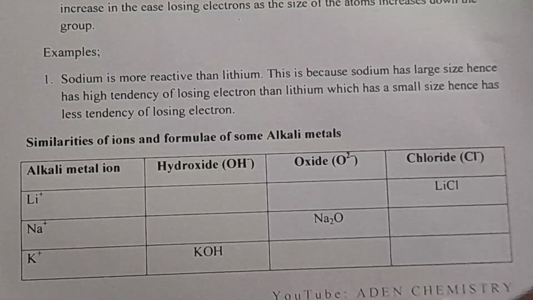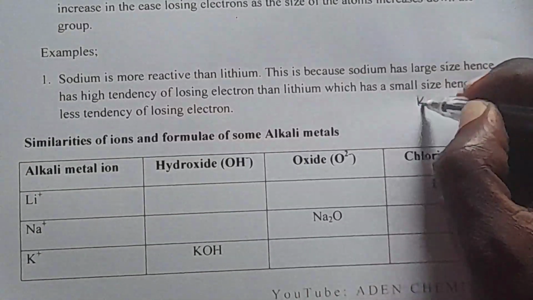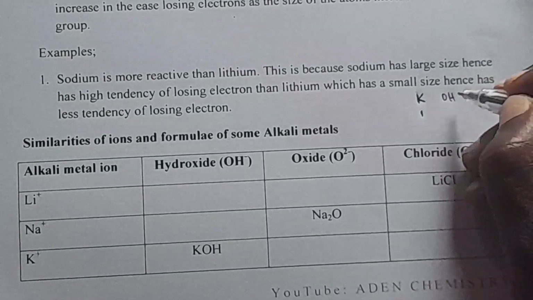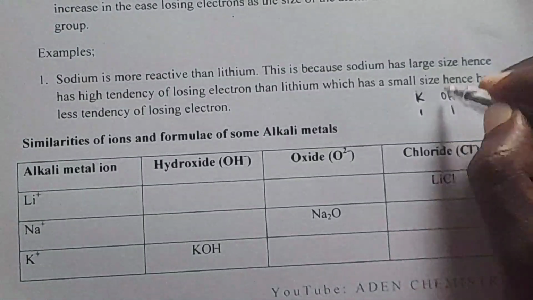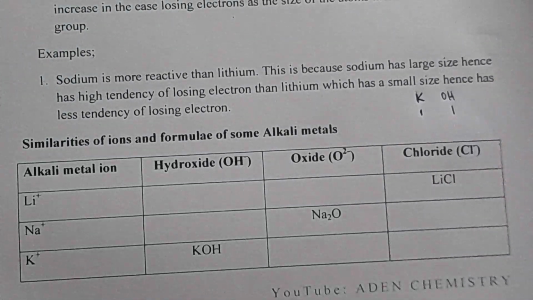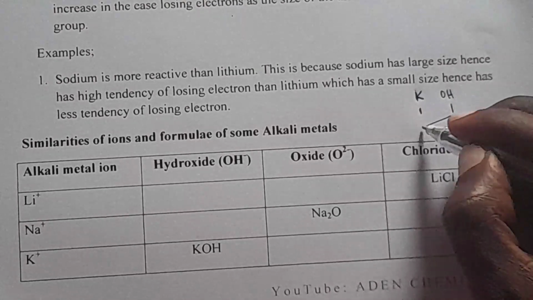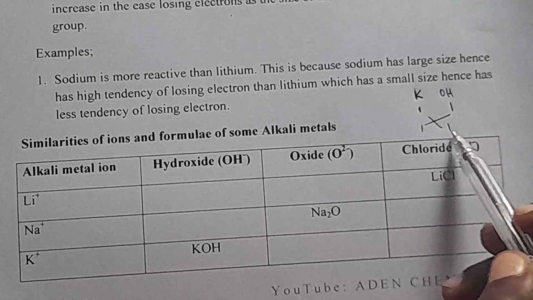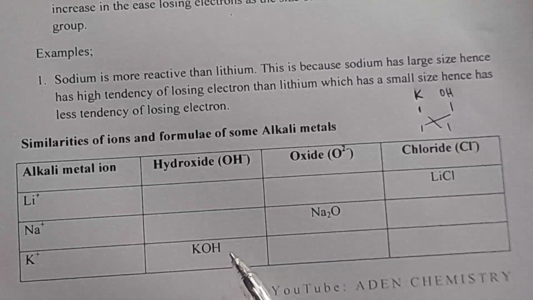We know the valency of potassium is 1, and the valency of hydroxide ion is also 1. Hydroxide is a radical. What have you said about a radical? A group of atoms with a net charge that react and exist as a whole unit during chemical reactions. If we interchange the valencies, we get K1OH1, but we don't write 1, so we just write KOH.